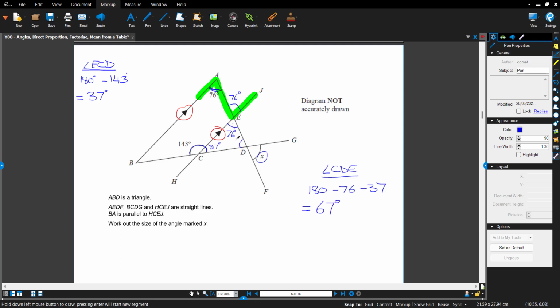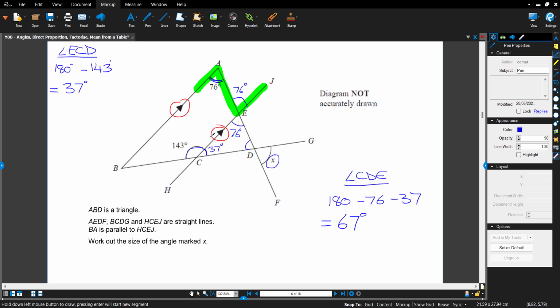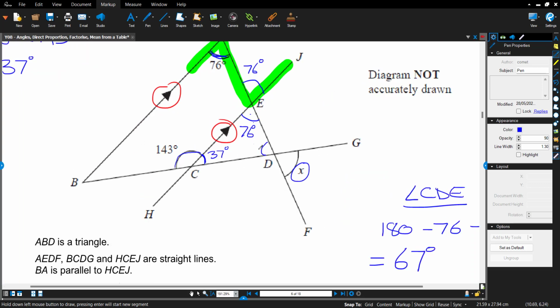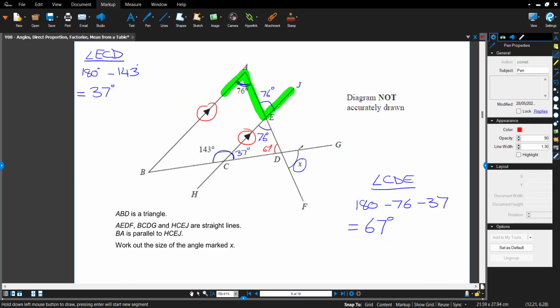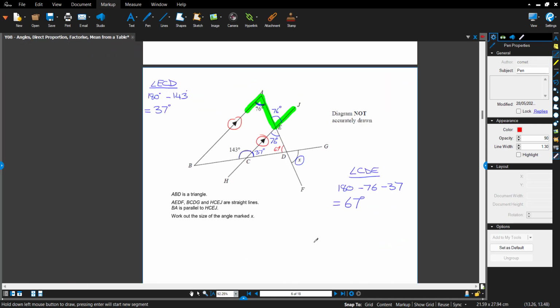Let me zoom in a bit. I'm going to write it in a different color so I can follow what's going on. That's 67 degrees. Well, if that's 67 degrees, what's x? X is vertically opposite, so x equals 67 degrees. And that is it.